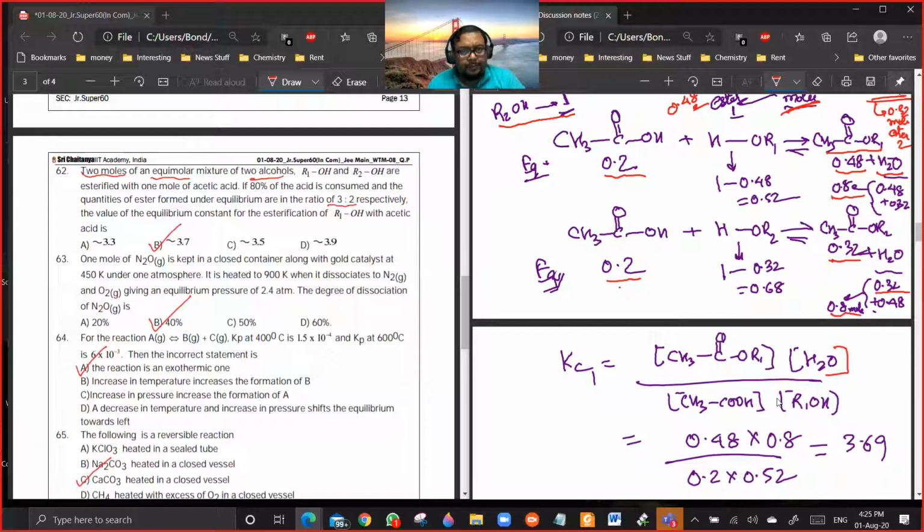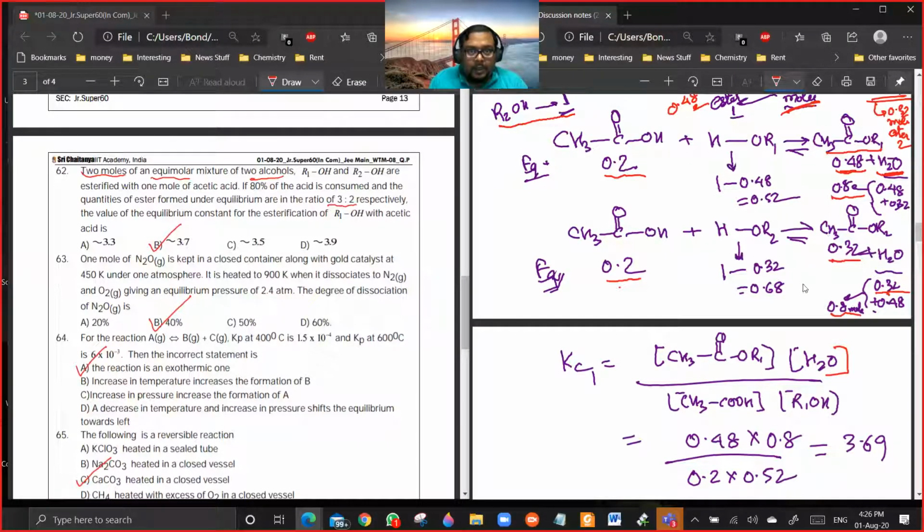Yes. You see, if you consider both these reactions separately, from the first reaction, how many moles of H2O are you getting? 0.48? Yes, no. And in the second reaction you are getting how much? 0.32.